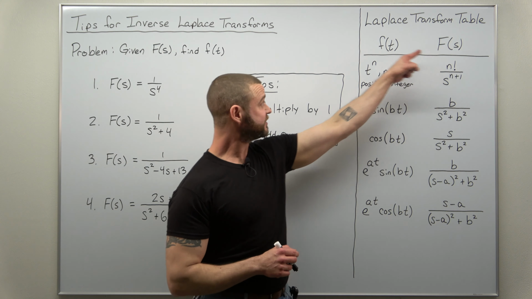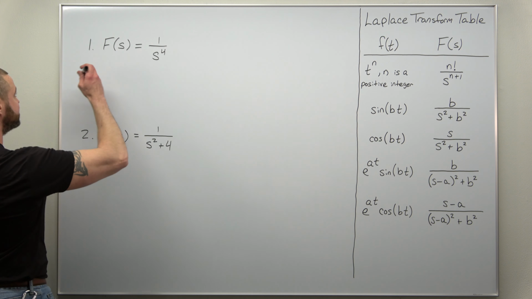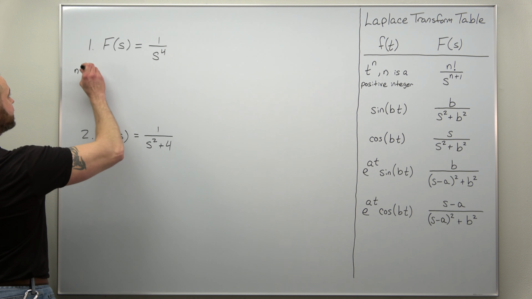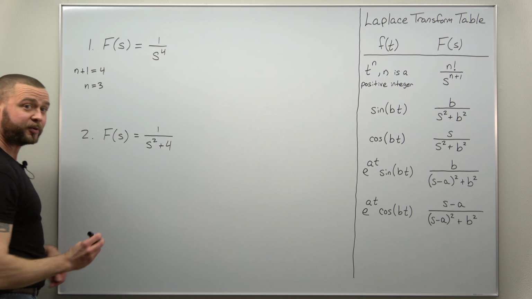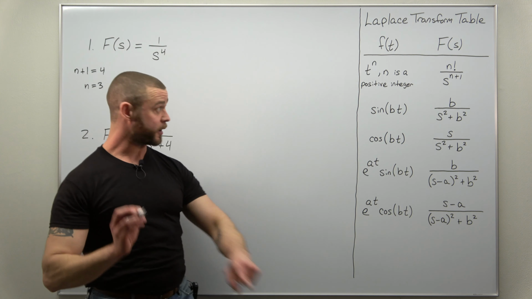Now, we need to figure out the value of n. Our power is s to the 4th power. The formula has the exponent as n plus 1. So if it's not obvious, you solve a simple equation, n plus 1 equals 4, and that implies the value of n here is 3.